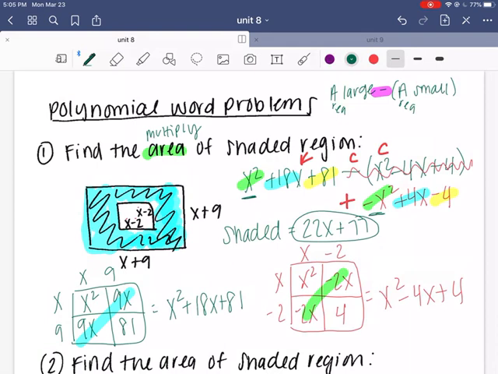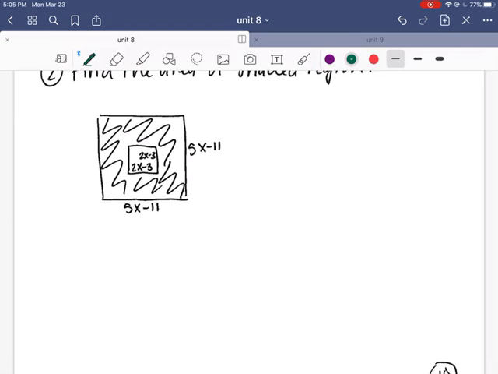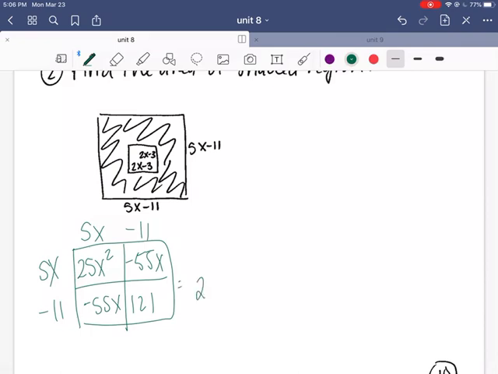So what I would do is pause, try the second one, and then unpause and watch the solution. So again, first thing, box the outer region. Getting some kind of big numbers here.